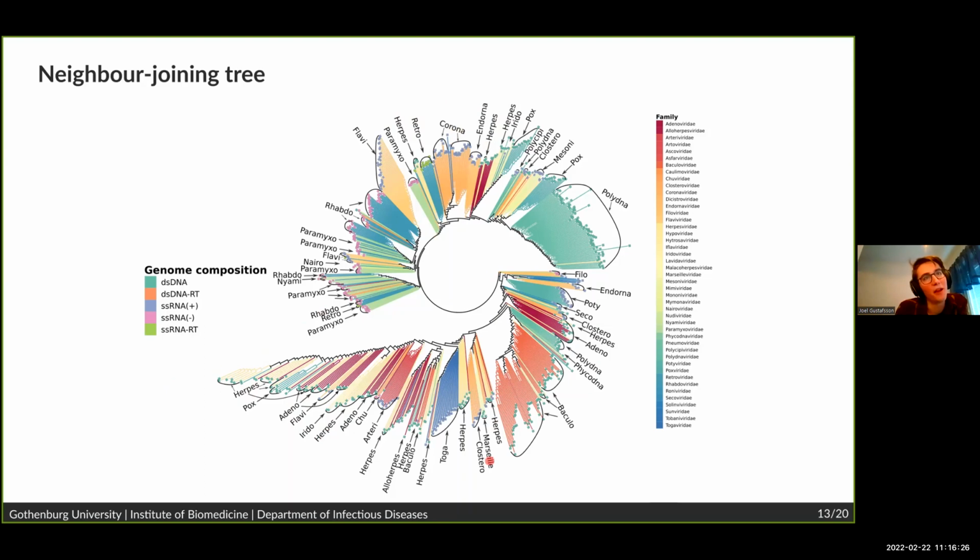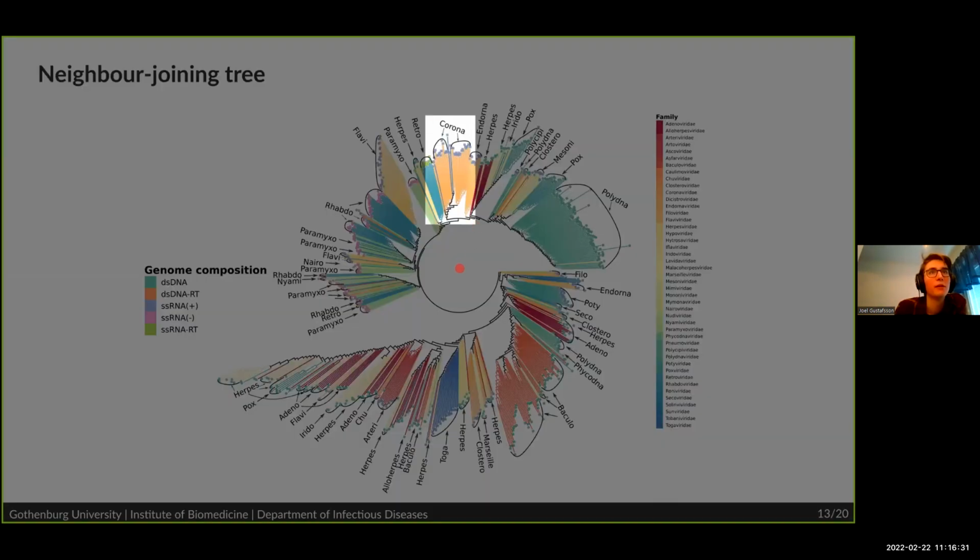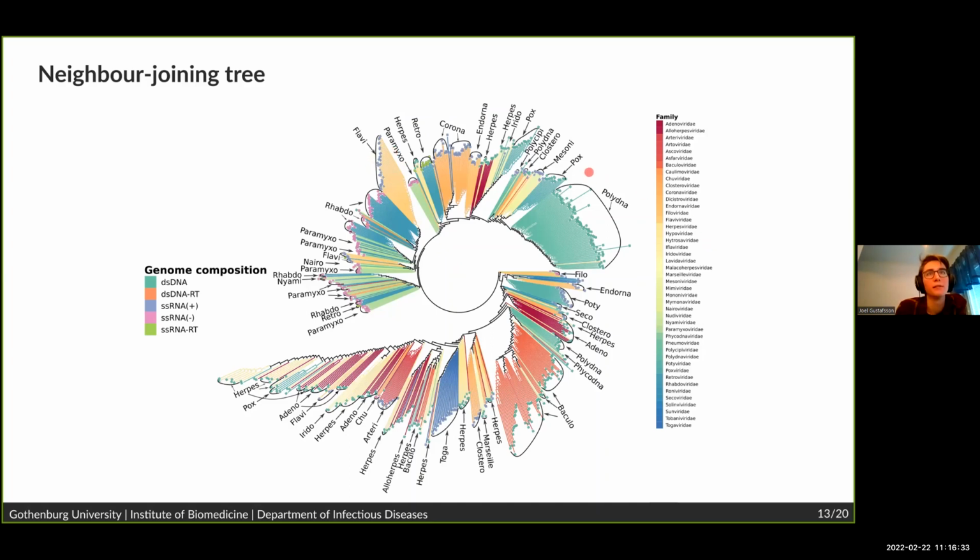And on the other hand, all of the coronaviruses are really similar up here. And that's true for some other groups as well, but still.